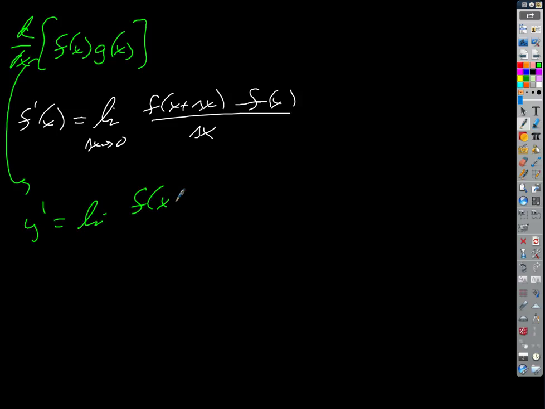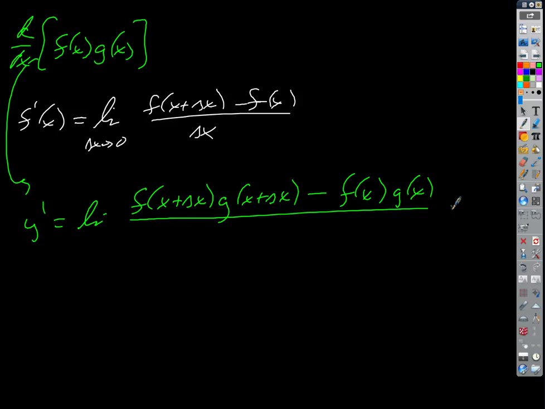I'm just going to get f of x plus delta x times g of x plus delta x, minus f of x times g of x, okay? And that's all going to be over delta x as delta x goes to 0.